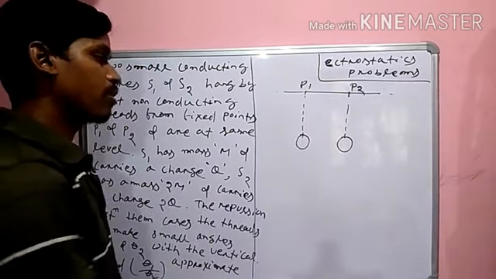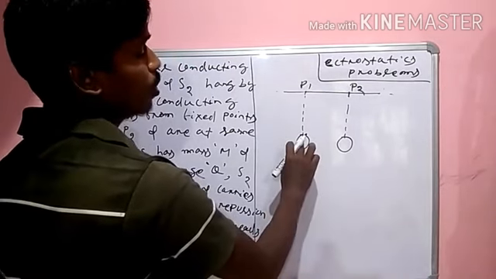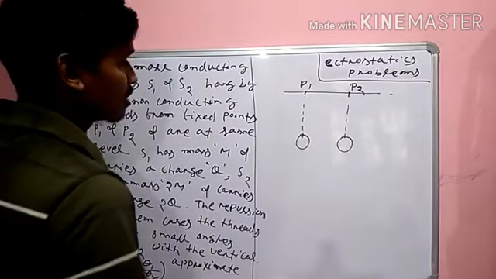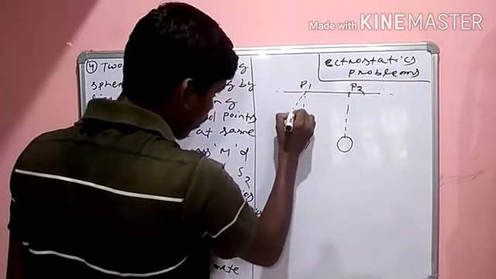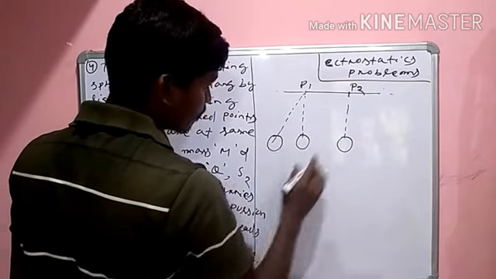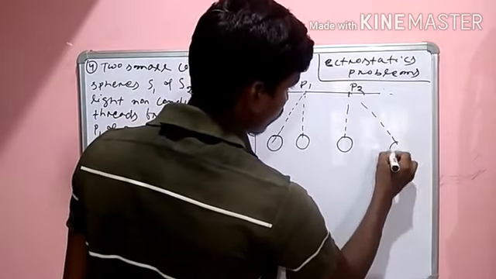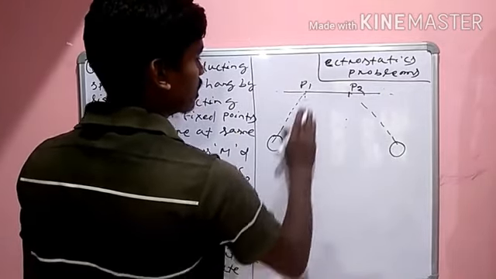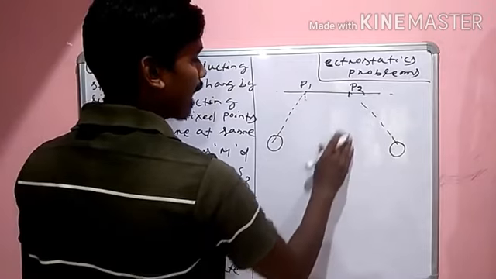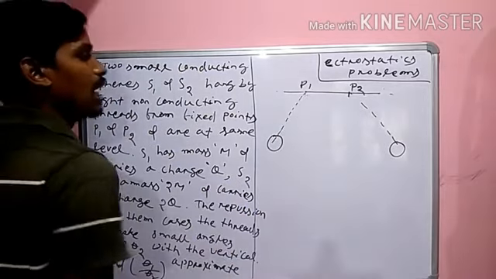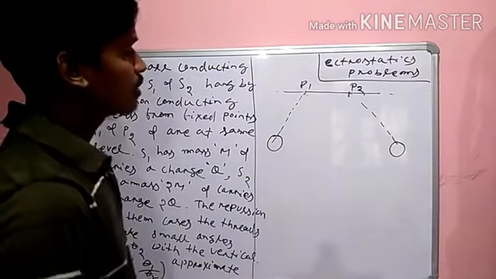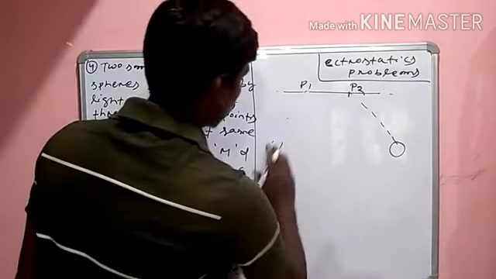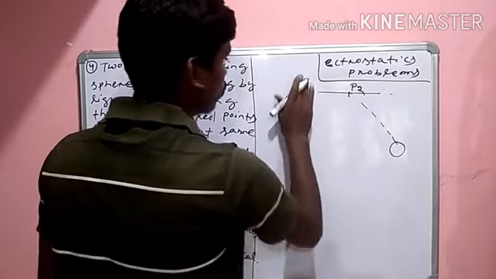Whenever charge is available on the two spheres, then it looks like this, because the two charges are like charges, so that's why they repel each other. Yes or no?